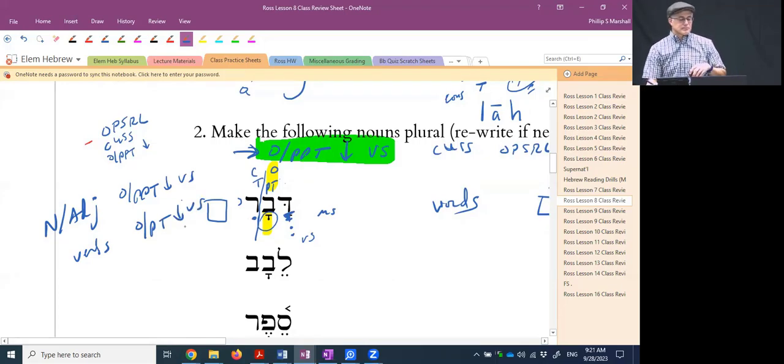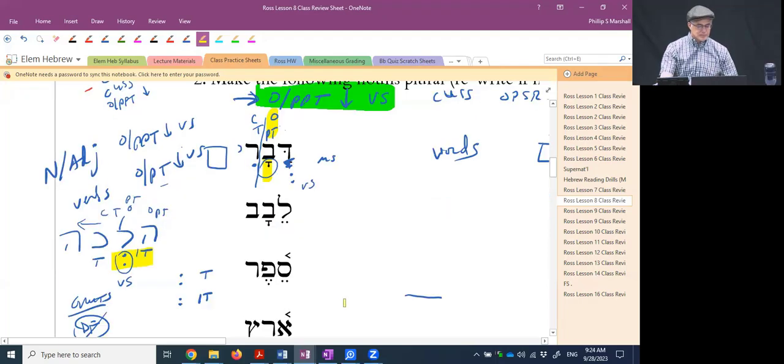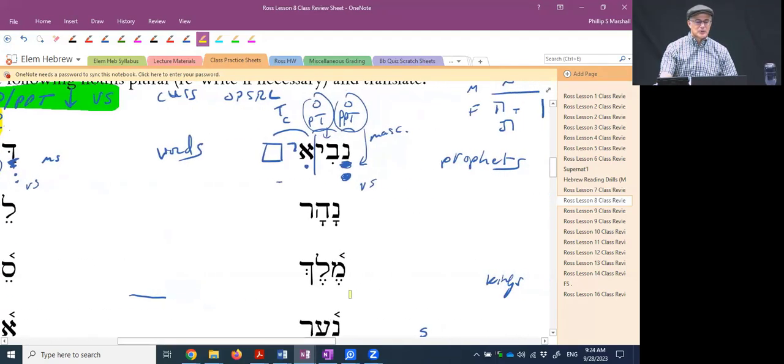In both of these situations, adding an ending creates, for nouns and adjectives, an open propertonic syllable that reduces to vocal shava, or with verbs, an open pretonic syllable that reduces to vocal shava. So let's take a look down at the word nahar.